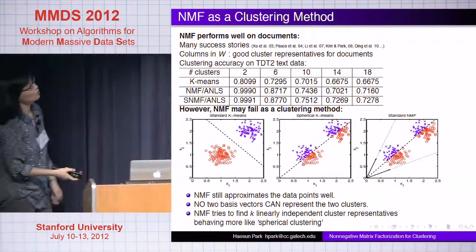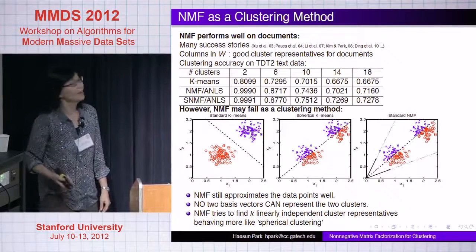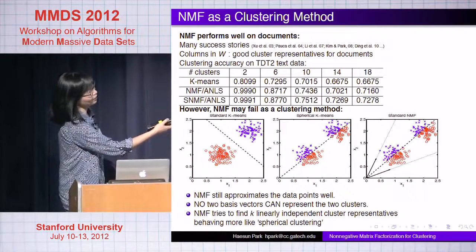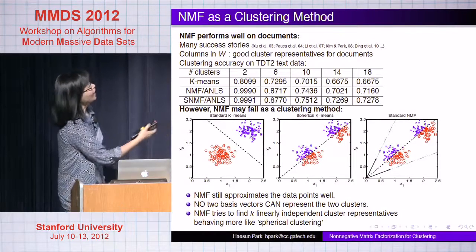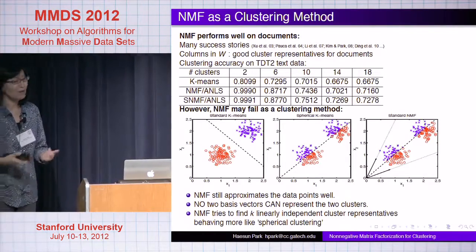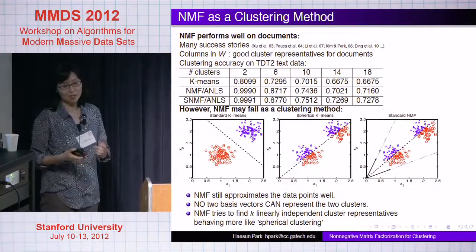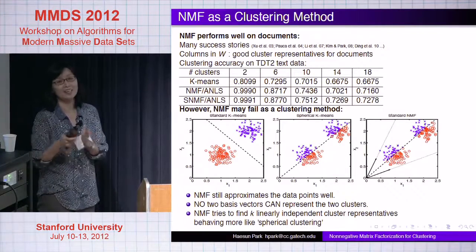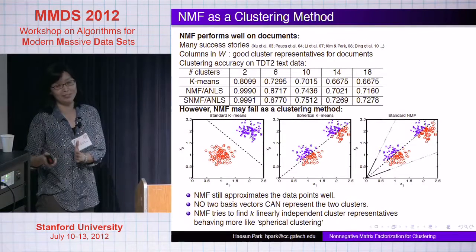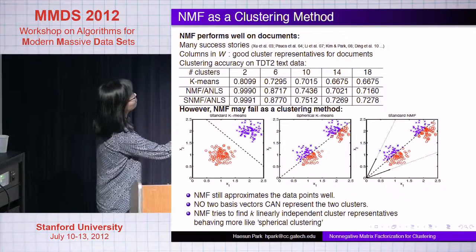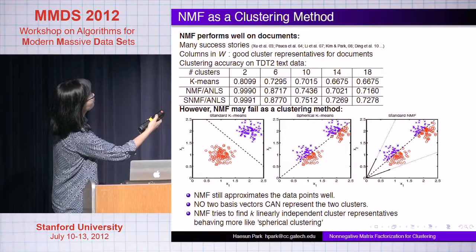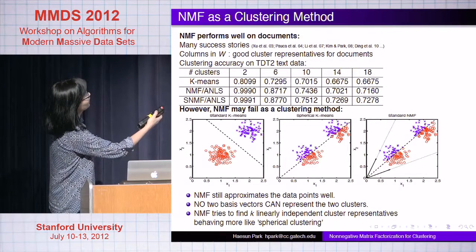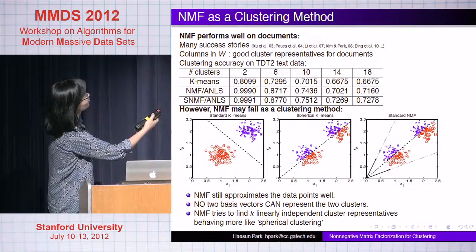Now if you run NMF, then it will also find the separating hyperplane which goes through like this. And the reason is that when NMF does a rank 2 approximation, it tries to find 2 linearly independent cluster representatives. Here we generated this artificial data, so the first cluster centroid is here, and then the next cluster centroid is here.